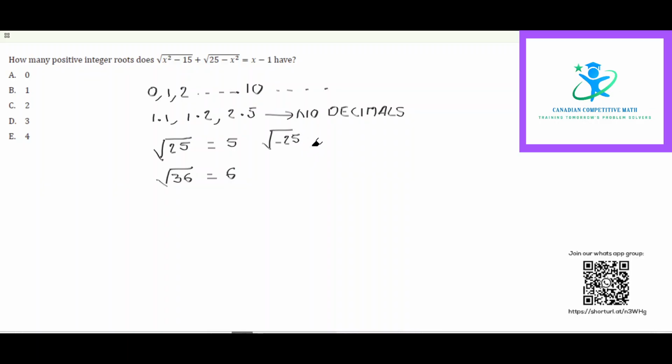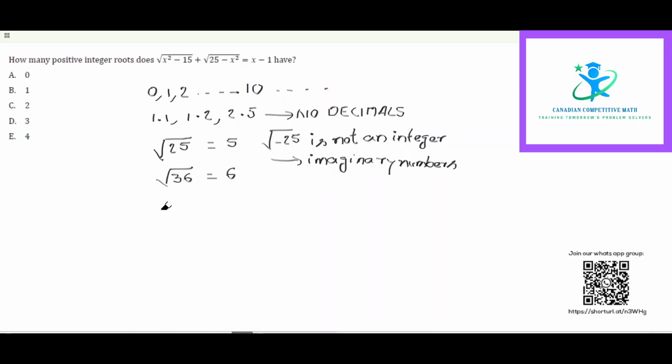Square root of minus 25 is not an integer. These are something called imaginary numbers.